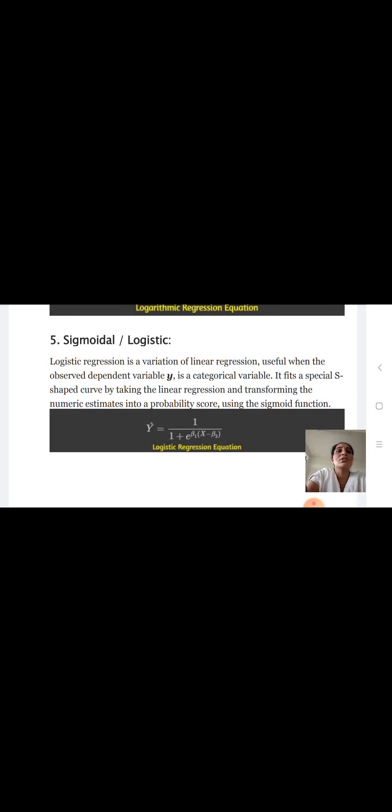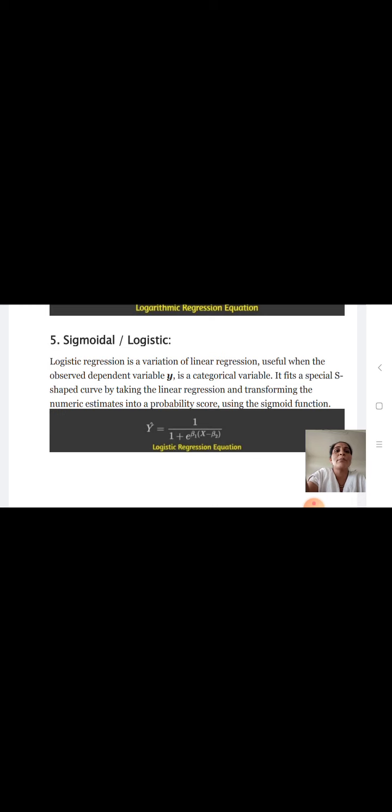And the last one is the sigmoid, that is logistic. Logistic regression is a variation of linear regression useful when the observed dependent variable y is a categorical variable. It fits a special shaped curve by taking the linear regression and transforming the numerical estimates into a probability score using the sigmoid function.